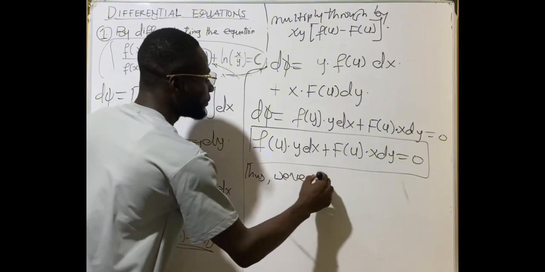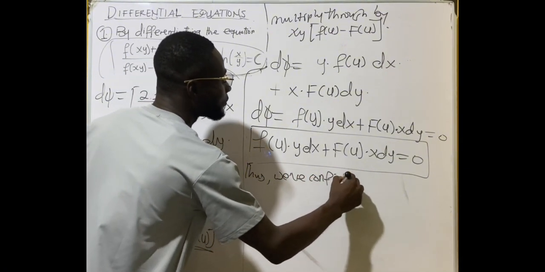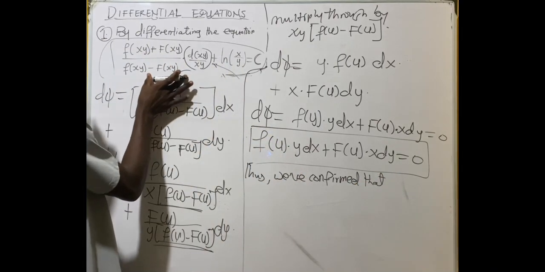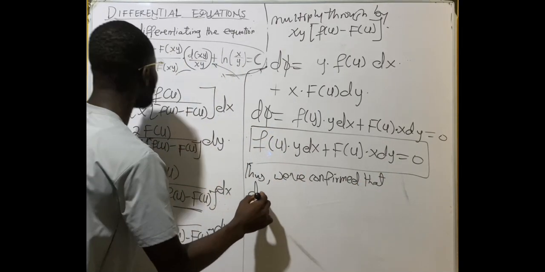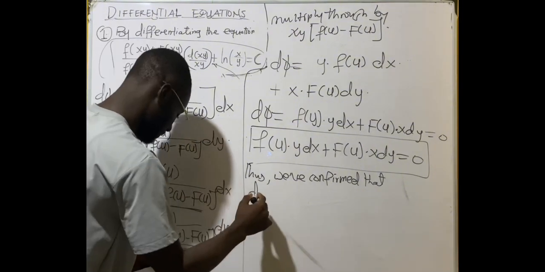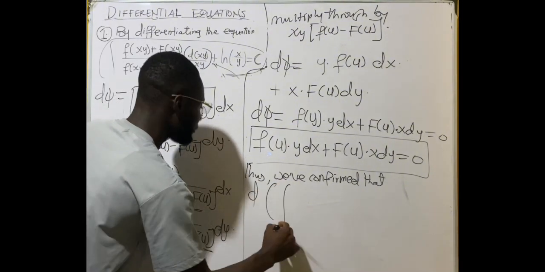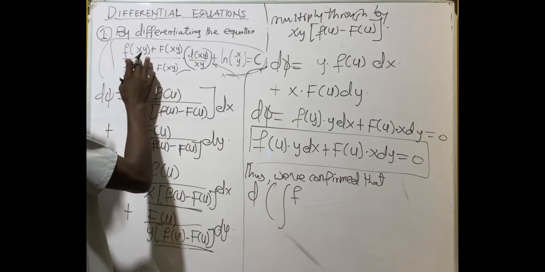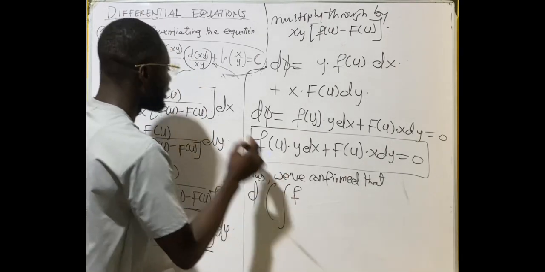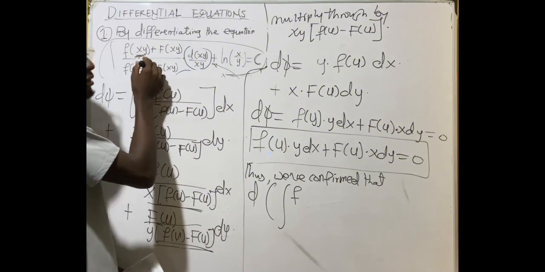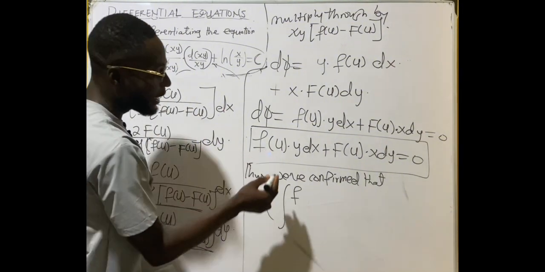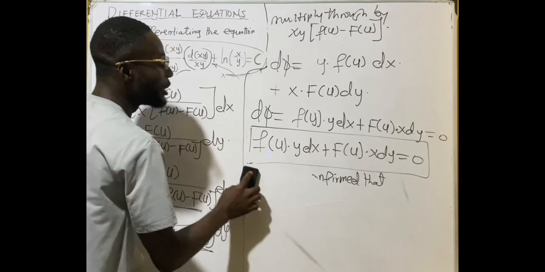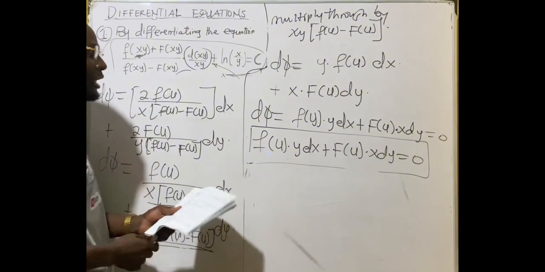We have confirmed that the differential of this function, the differential of this integral of f, is what we represented as u, right? In as much as we are done, we have to make sure that this goes back to its original form.